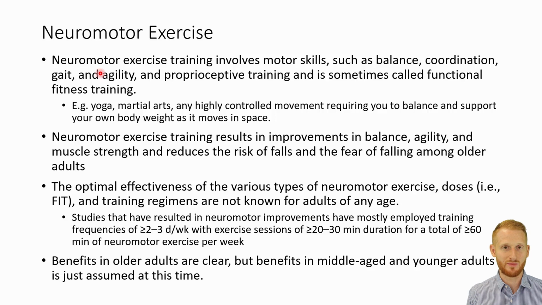They can stimulate the muscles as needed in a very coordinated fashion. This is really, really good for older adults to prevent things like falling or different injuries from clumsiness or a lack of coordination, because again, neuromotor exercise is really good at improving your coordination.